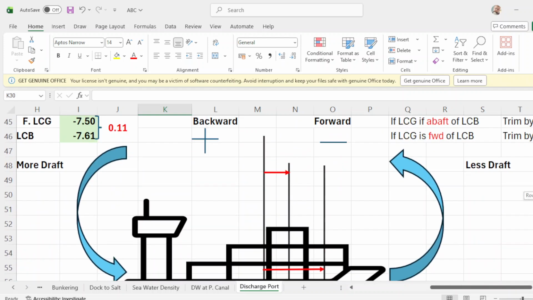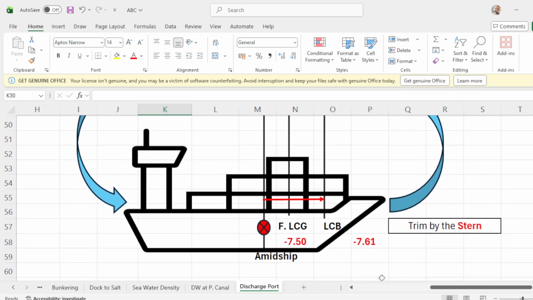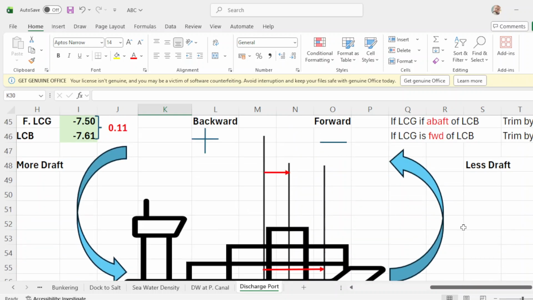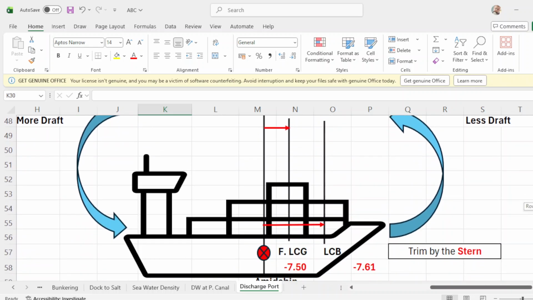If this is the amidship of the vessel, this red vertical line, from midship measuring forward is negative, and measuring backward is positive. Since final LCG is negative 7.50 and LCB is negative 7.61, both are measured from amidship going forward.